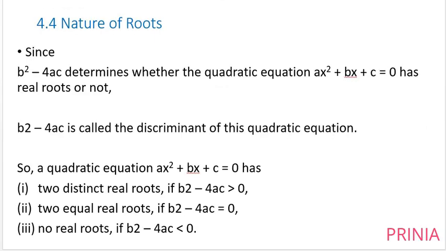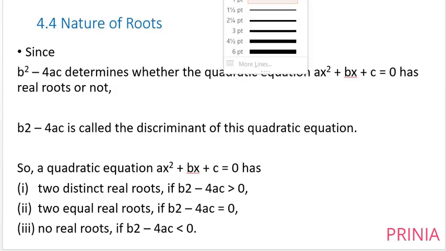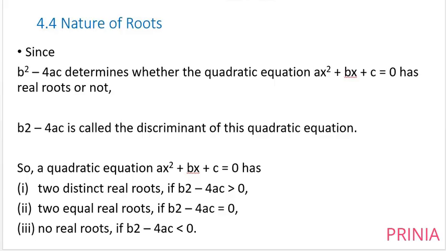Now we'll see the different natures of the roots we get in our quadratic equation. The nature of the roots depends upon the value of b square minus 4ac.